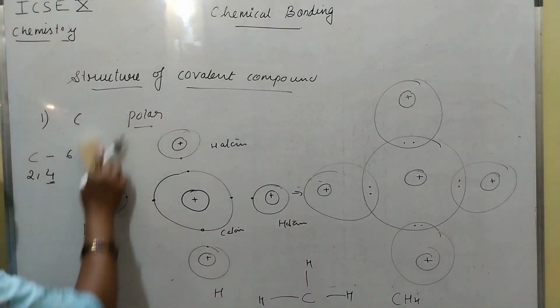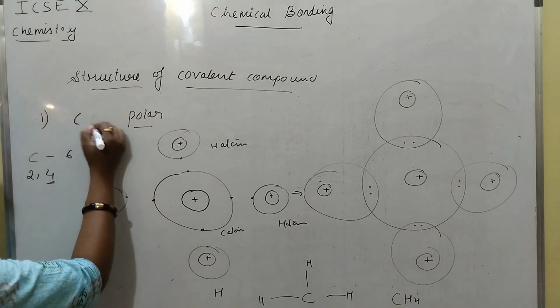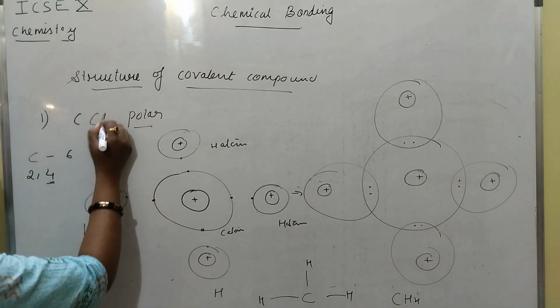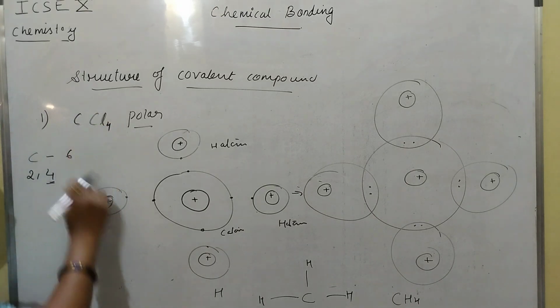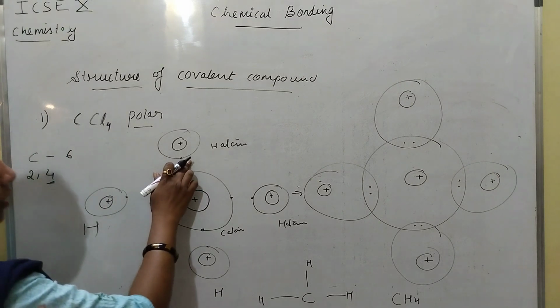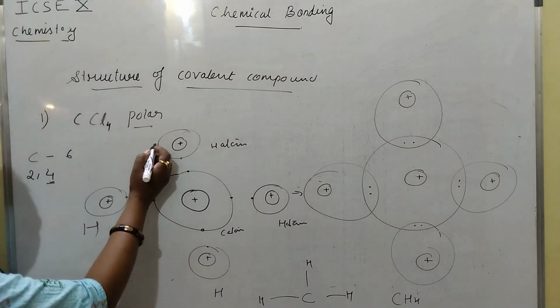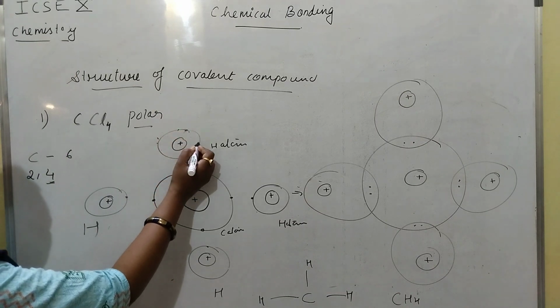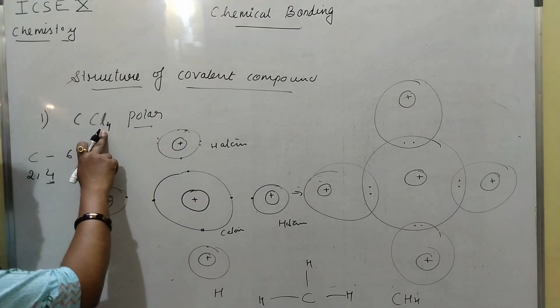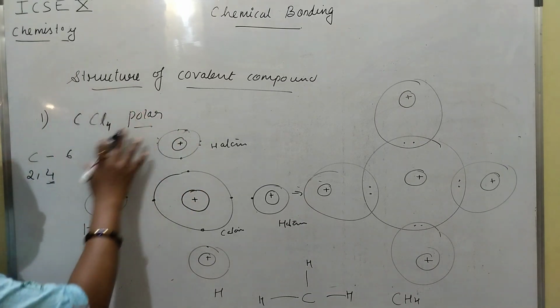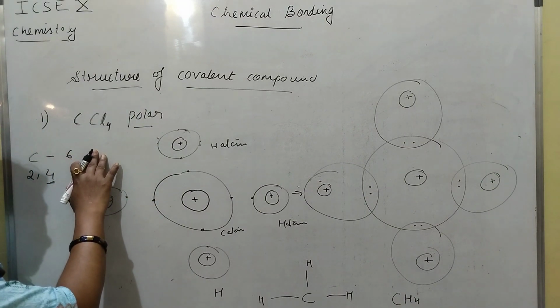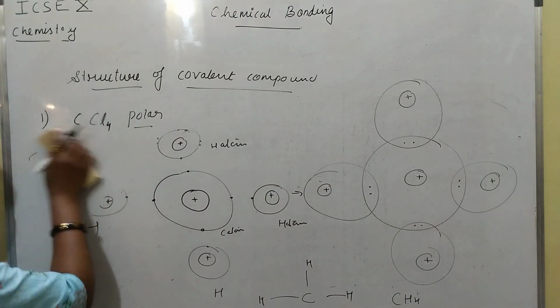Carbon tetrachloride has a similar type of structure that you can draw by yourself. Here, carbon, in place of hydrogen you have to put chlorine, and you have to show 7 electrons like this, because chlorine has 7 electrons in its outer shell. So its structure is exactly the same as that of methane, so you can draw it by yourself.